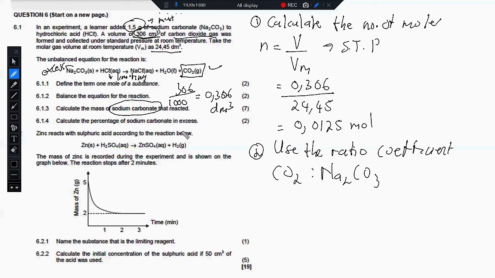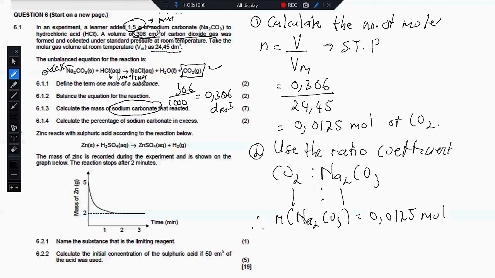Looking at our coefficients here, we can see that's a ratio of 1:1. A ratio of 1:1, we've already concluded, means that the number of moles is equal. So the number of moles of the sodium carbonate also must be 0.0125 mole. Remember, this was of carbon dioxide. Because the ratio is 1:1, that means the number of moles of the sodium carbonate needs to be 0.0125 mole.